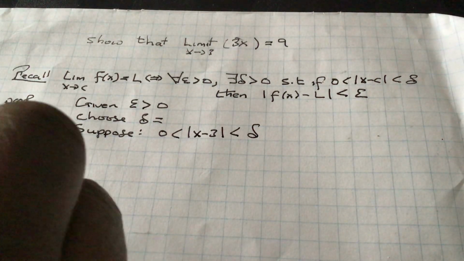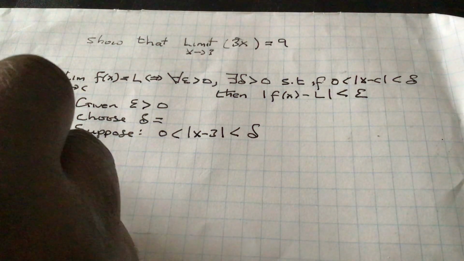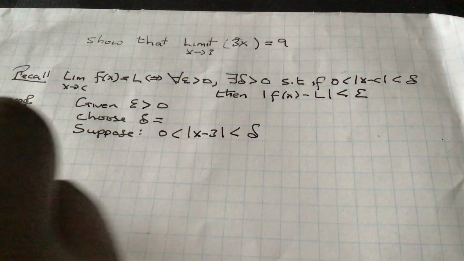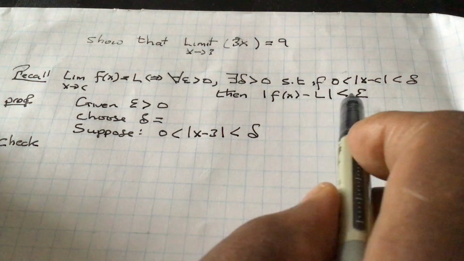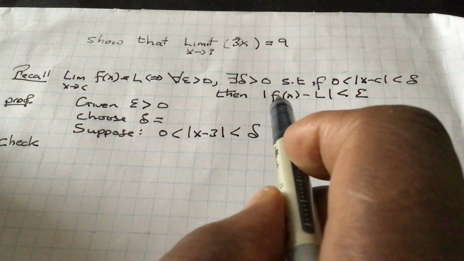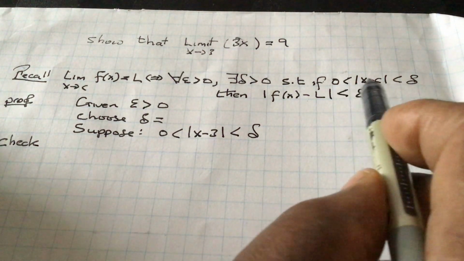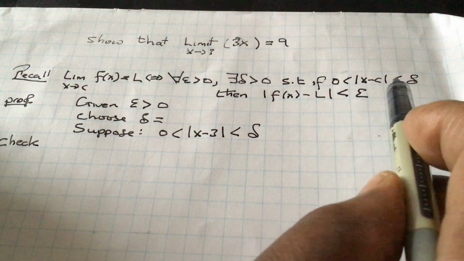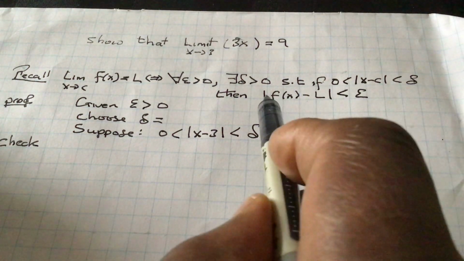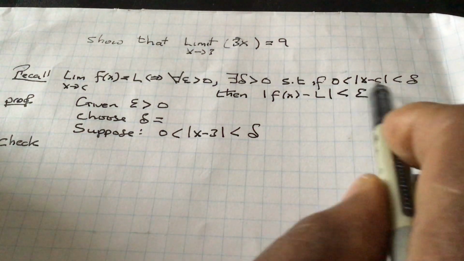We're now going to check, and to do this, we're going to work from this conclusion backwards to arrive at this hypothesis. We need to get this conclusion to look like that.